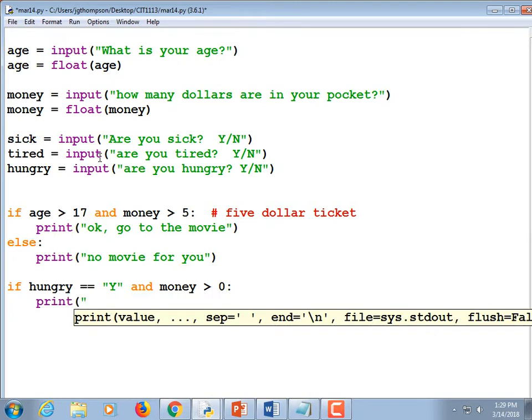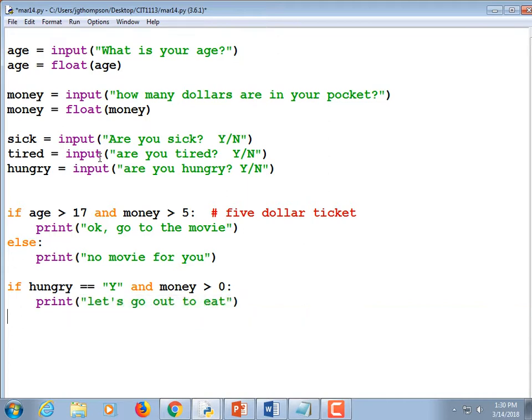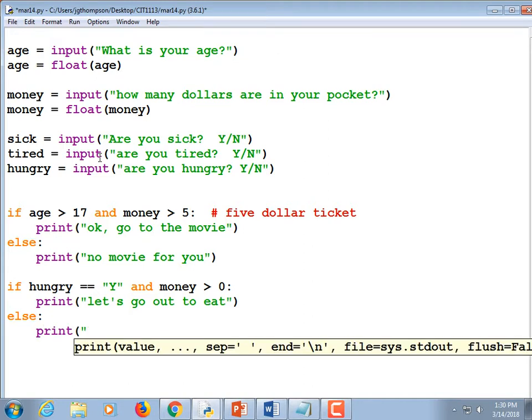Print "Let's go out to eat." Else, colon, print "Let's stay home." Or let's rewrite that: "Don't eat out, stay home."